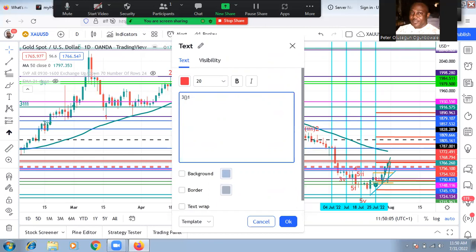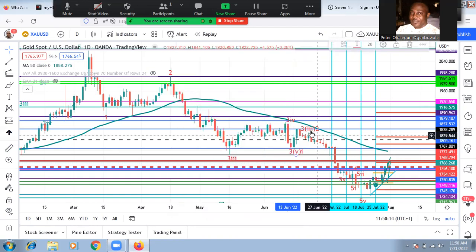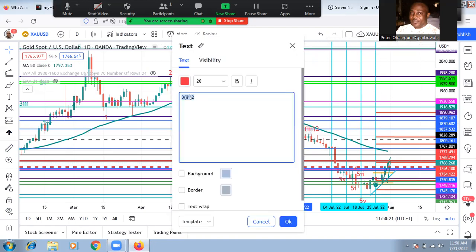So one of it, a 3-5-1. And where this one will now be a 3-5-2.